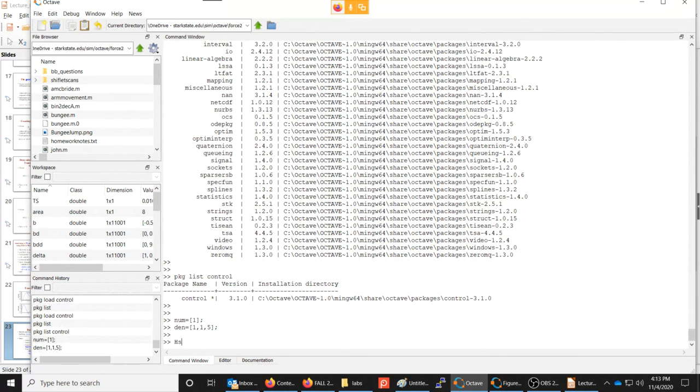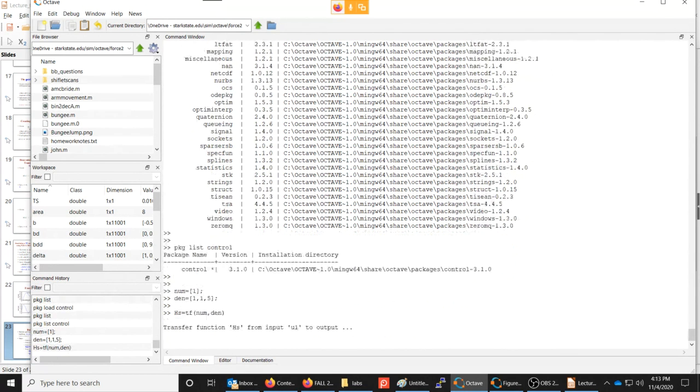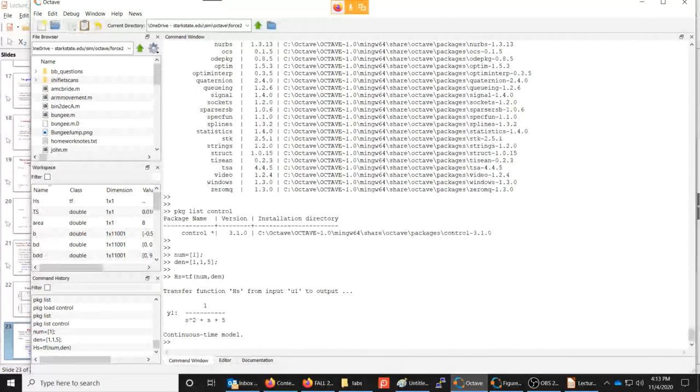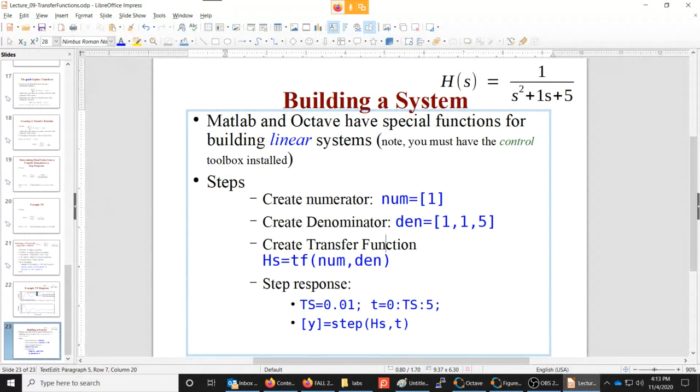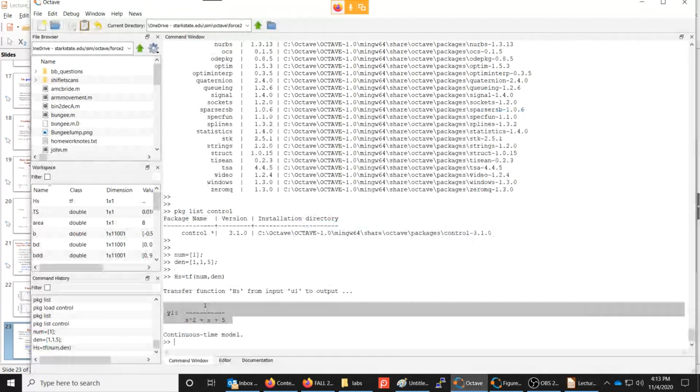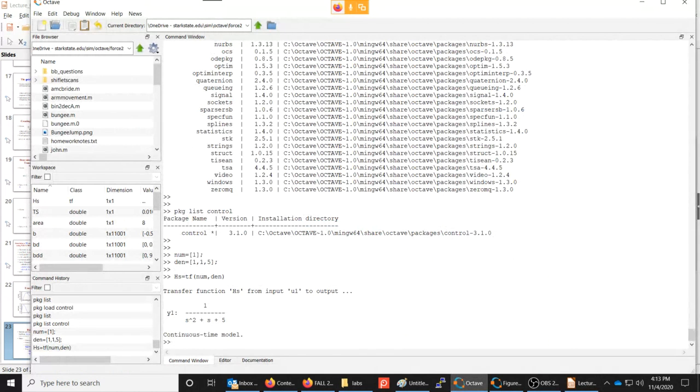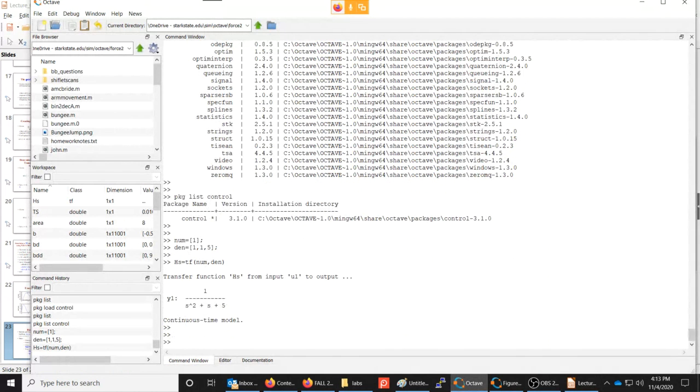And now I can create my transfer function, h of s is equal to TF numerator comma denominator. And it's going to print it out. Notice how it printed this out, just like it shows over here, right? 1 divided by s squared plus 1 over s plus 5. So it prints it out just like that.